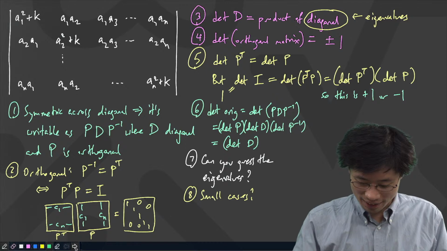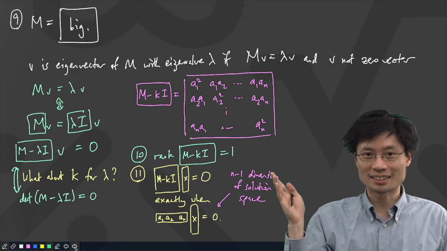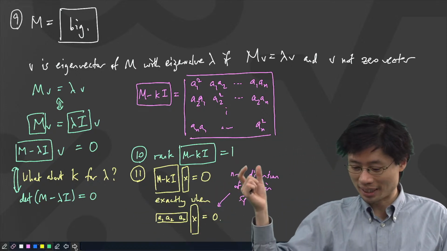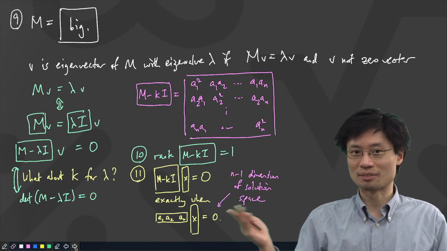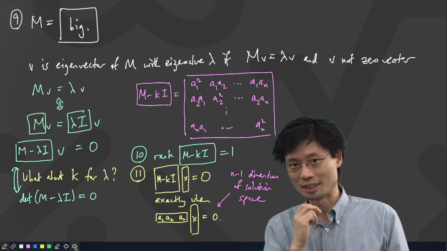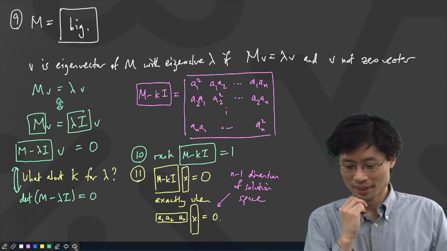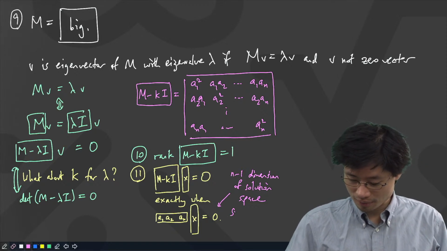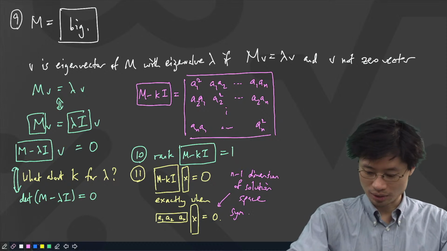So in fact, over here, there is an eigenvalue k with multiplicity n minus 1 just from this fact, if all the a_i's are not 0. We'll have to worry about a_i's being 0 later. So in fact, this thing gives me, because of the symmetricness, let's just use another thing.